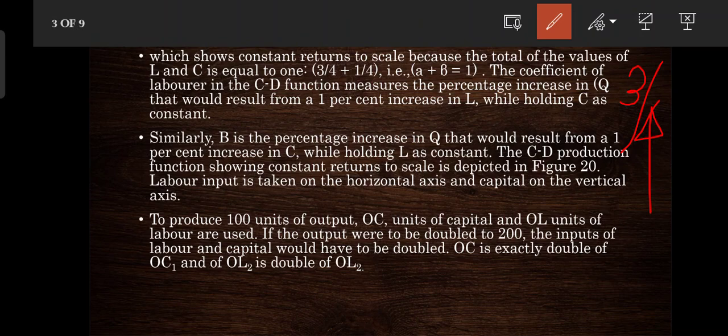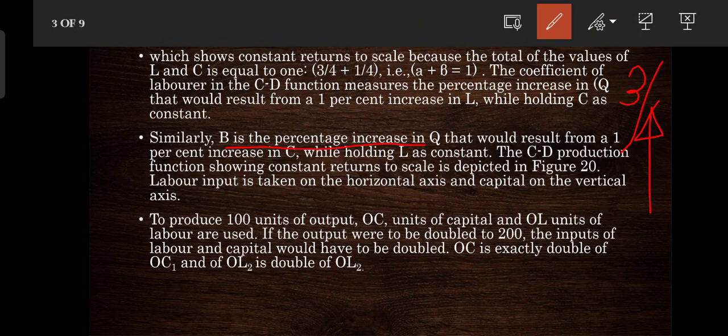Okay, similarly, beta is the percentage increase in the quantity or the output that would result from a 1% increase in capital. That is, when we increase capital, when we add capital in a greater quantity, then what will be the percentage increase in output? This is beta.